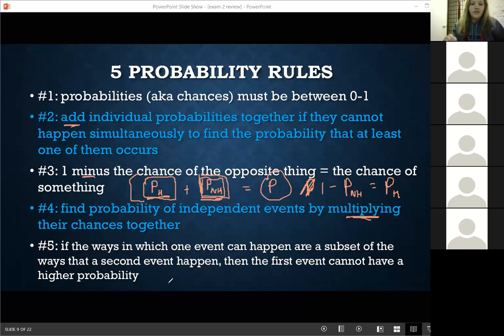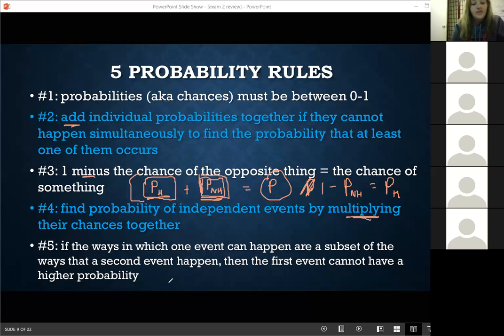So the main idea is that the sub-steps can be confusing if you change the probability. If you stick by this rule, that our first event can't have a higher probability if the event that happens is a subset of the ways that the second one happens, then you're able to go forth and make that conclusion.